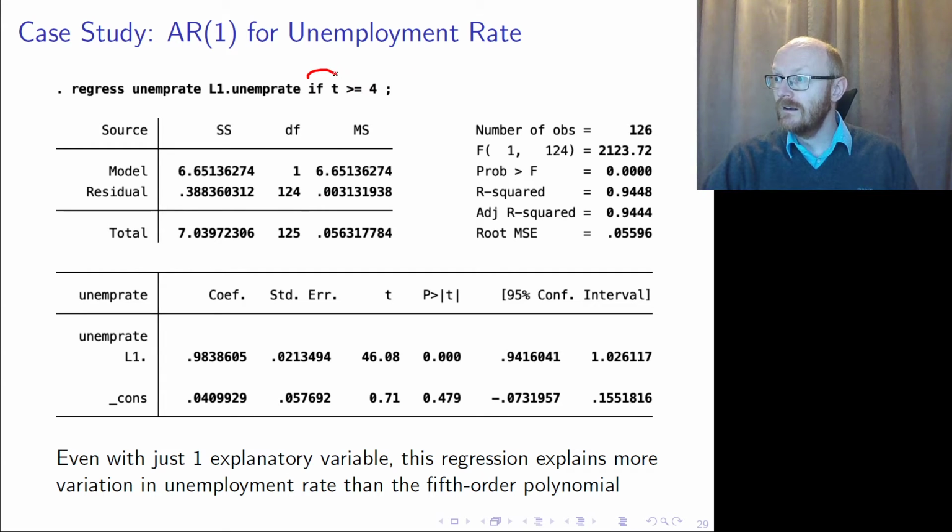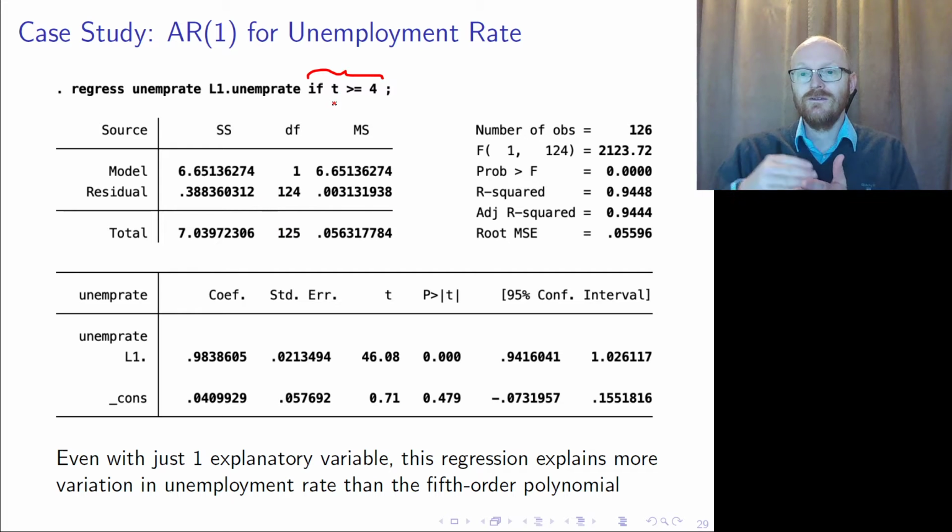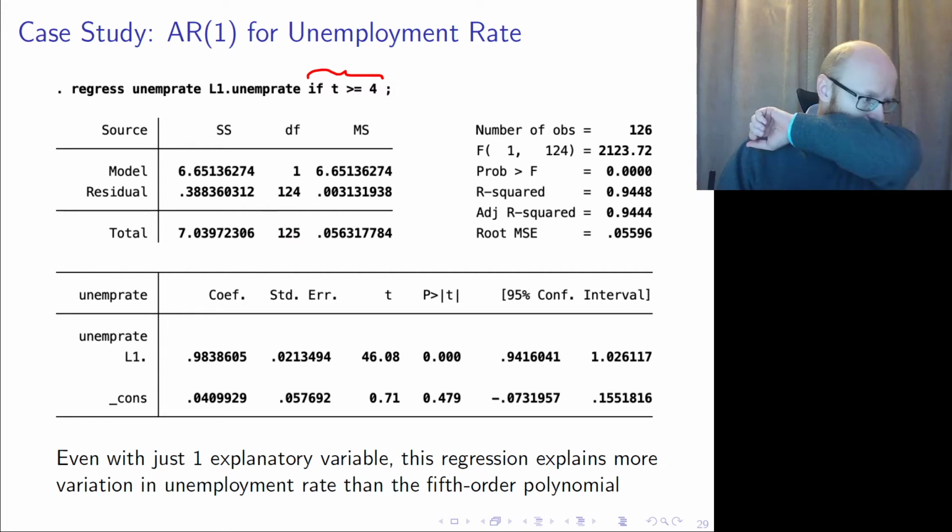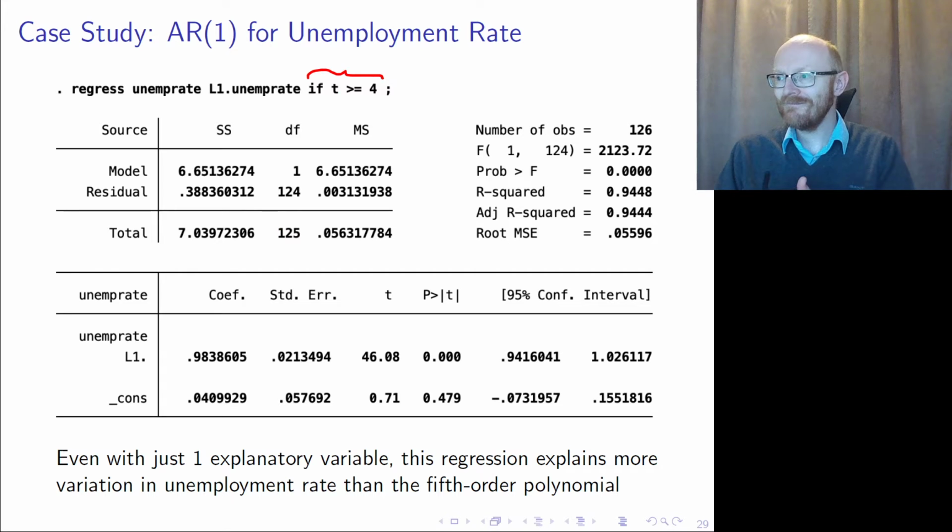So, for example, we run the AR1 model, and here something special is going on, because we are not including the 3 first data points, the 3 first rows in your data set, because we are going to fit an AR3 model later.